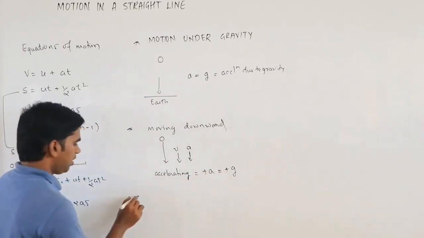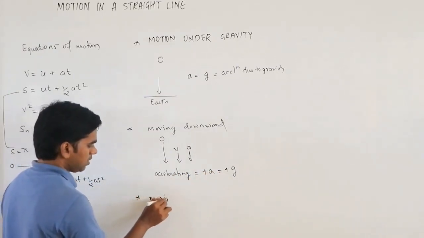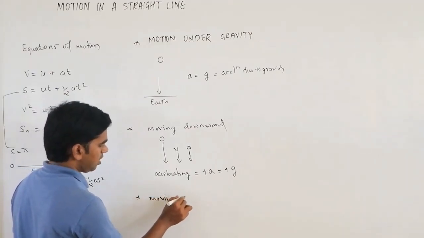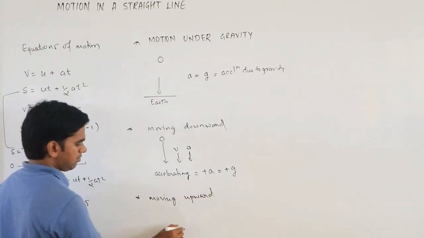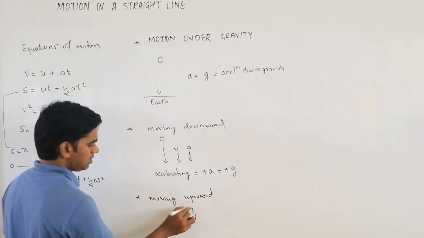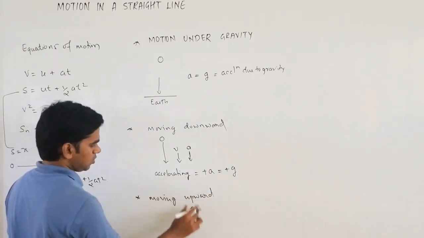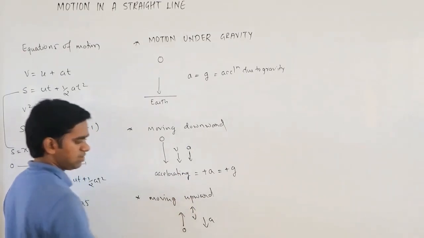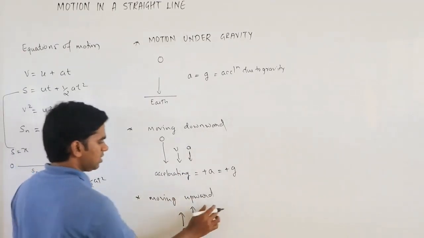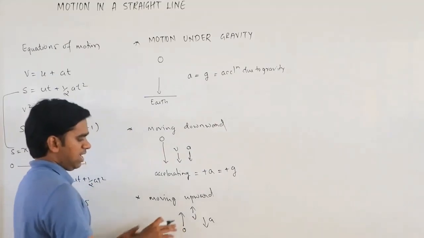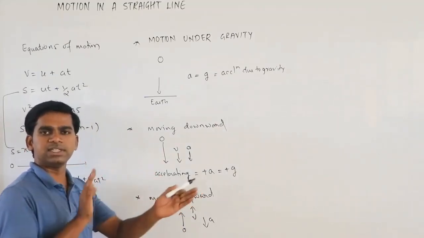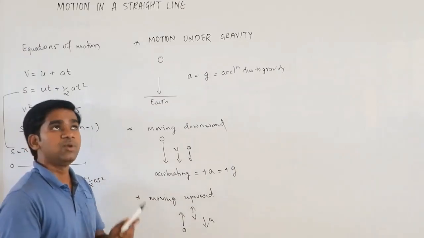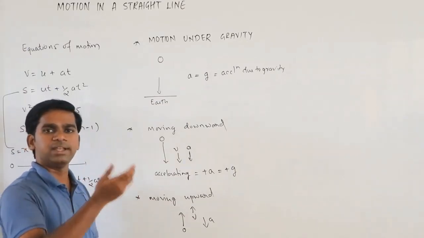Okay. If the body is moving upward, v is in this direction. So what about a? a is in the opposite direction. In this case, a is opposite to the velocity. It is opposing the motion. So what will happen when you throw the body in the upward direction?